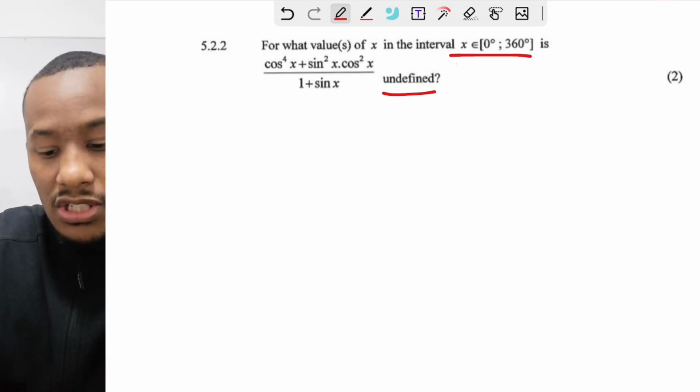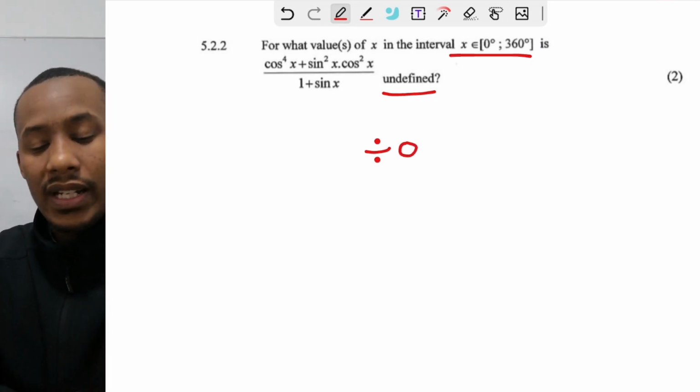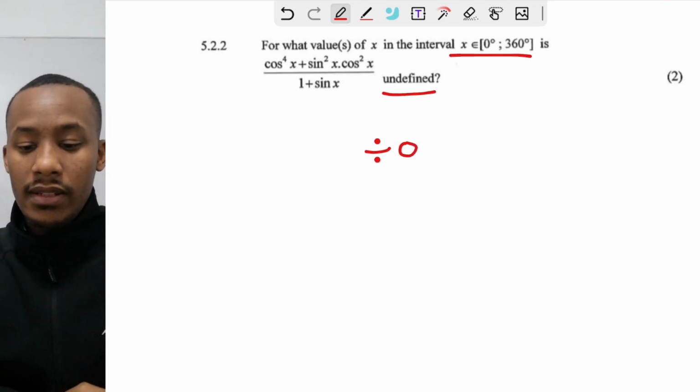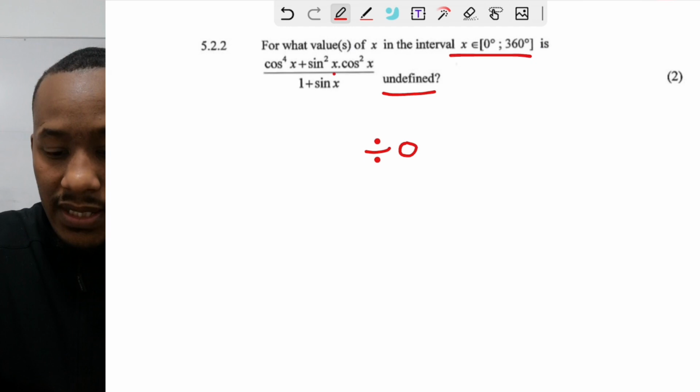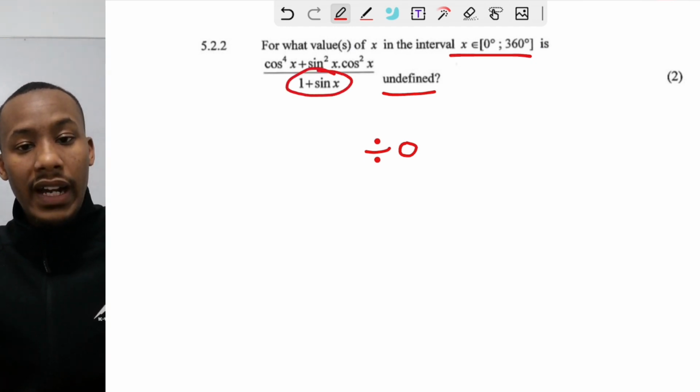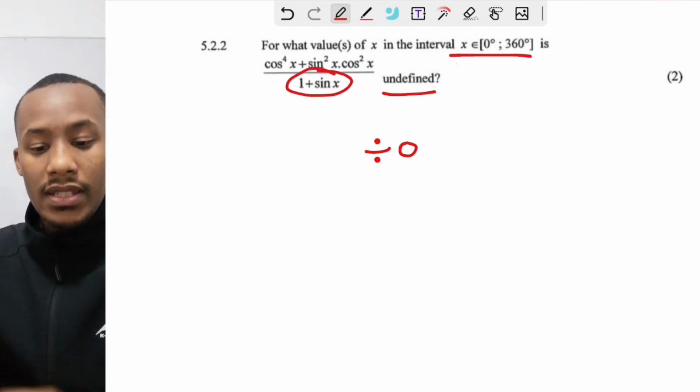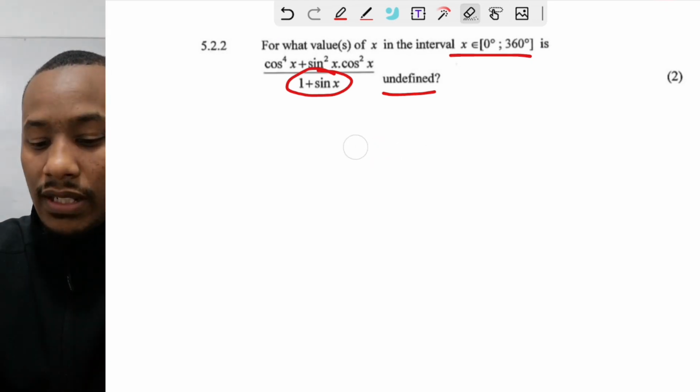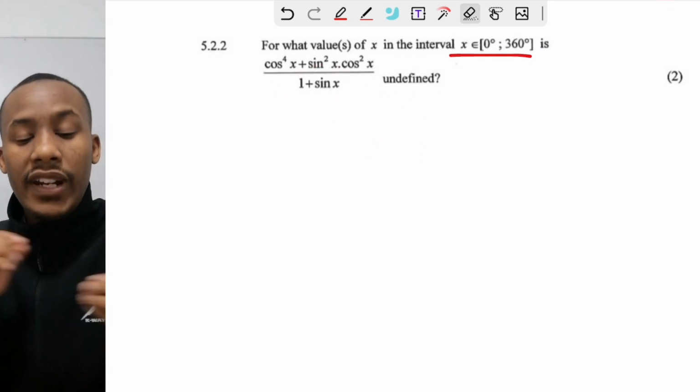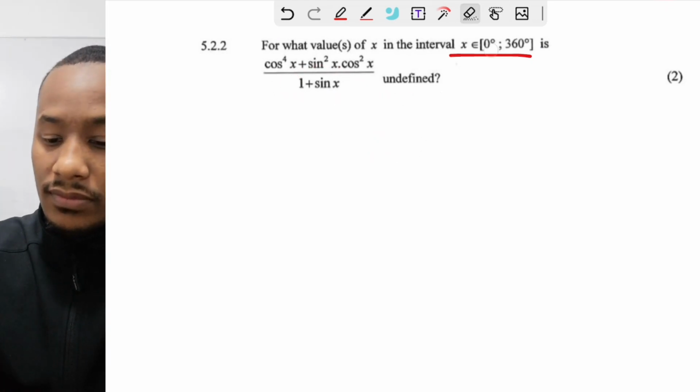So we know that this is not allowed. You can never divide by 0. And that means that this denominator here, which we are dividing by, can never be 0. So we're going to have to find out where this fraction is undefined.